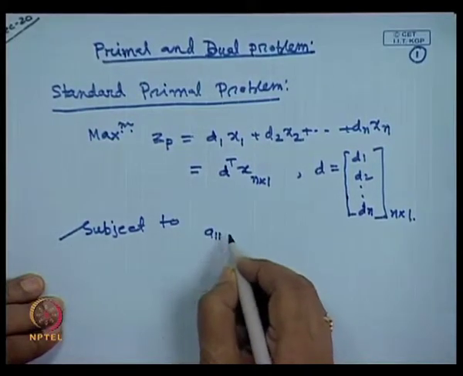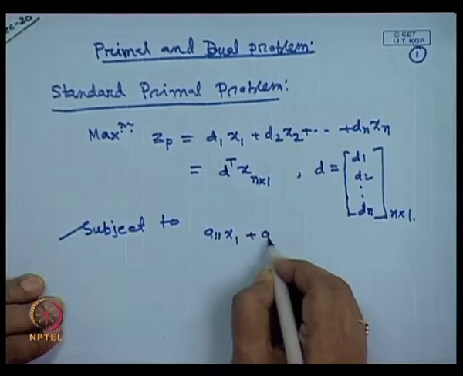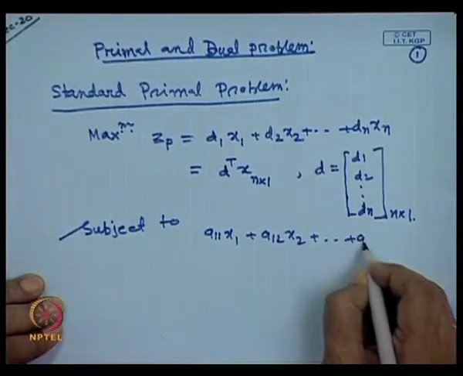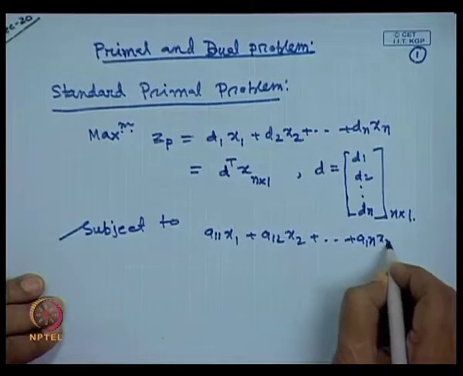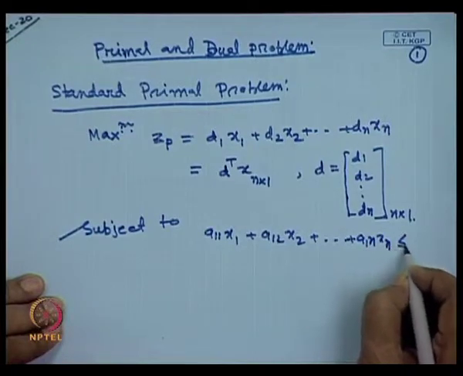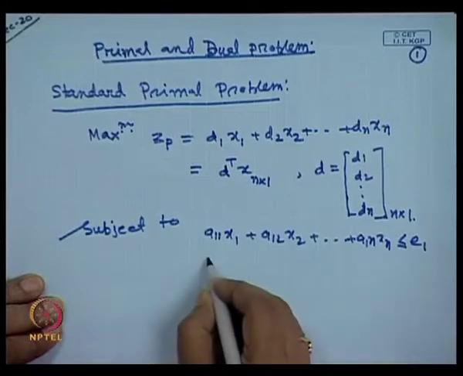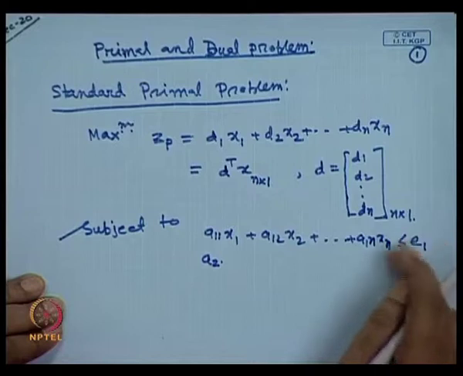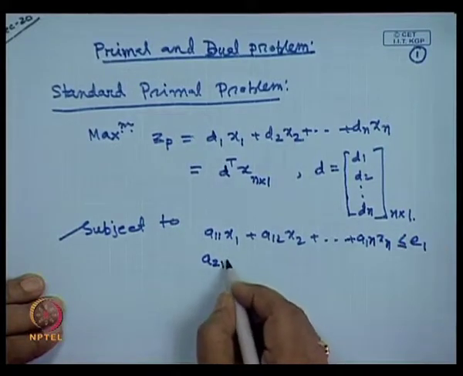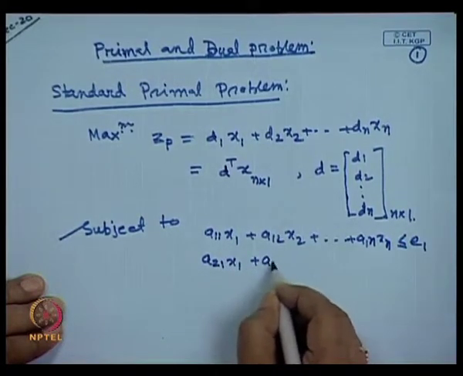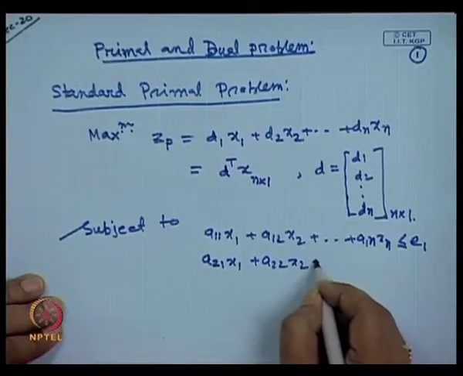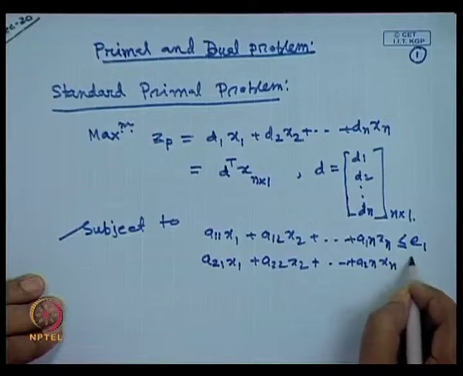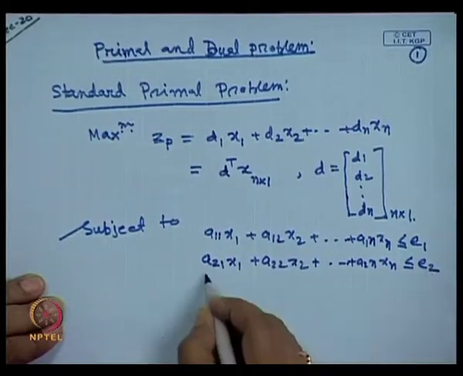a 1 1 x 1 plus a 1 2 x 2 plus dot dot a 1 n x n less than or equal to E 1. Similarly, the second constraint is of this type: a 2 1 x 1 plus a 2 2 x 2 plus dot dot a 2 n x n less than or equal to E 2, and so on.